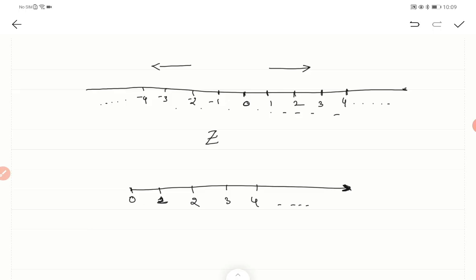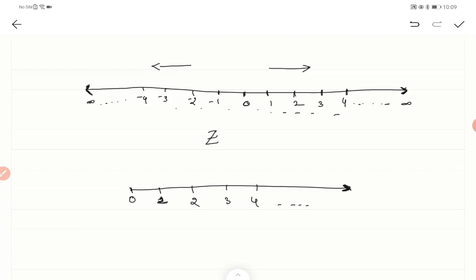So I will also represent the integers number line with an arrow mark like this. Here also you will have numbers till infinity, positive numbers till infinity and negative numbers till infinity.